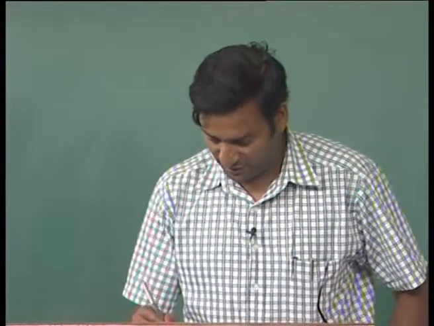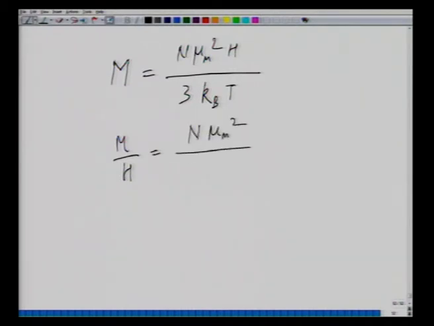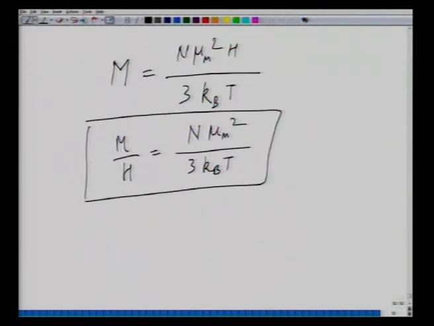As a result, M becomes equal to n mu m square H divided by 3 k B T, or rather M by H is equal to n mu m square divided by 3 k B T. So this is the expression for chi para, which is nothing but your paramagnetic susceptibility.